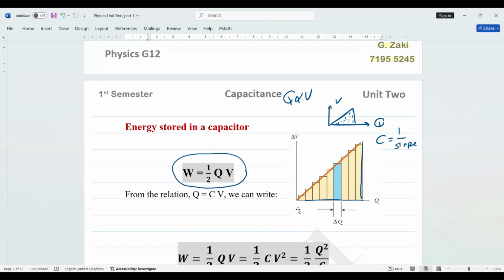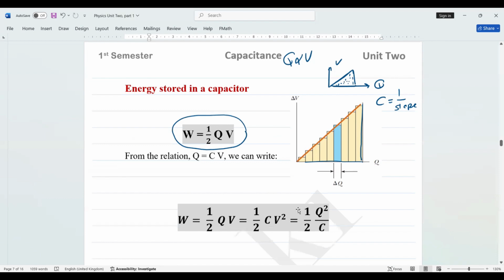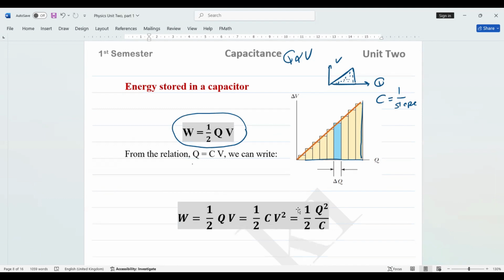Remember, the energy of any other instrument like a resistor, lamp, motor, anything, is QV. But the energy of a capacitor is half QV, not direct QV. And because we have the formula Q equals CV, we can replace Q by its value.